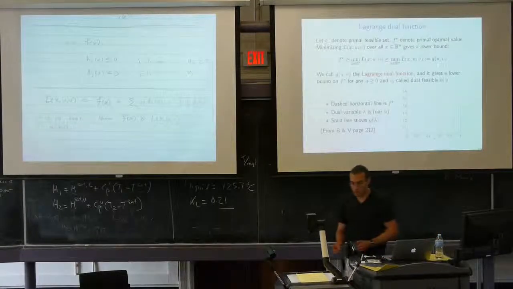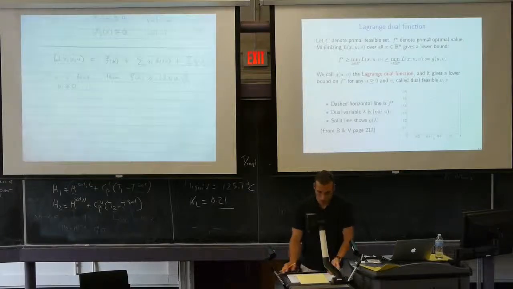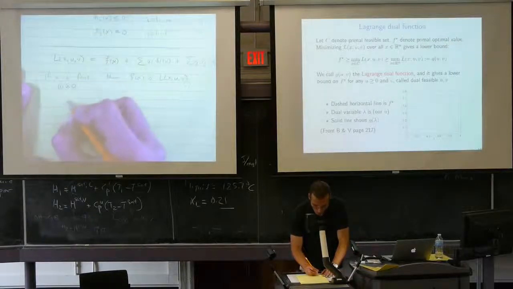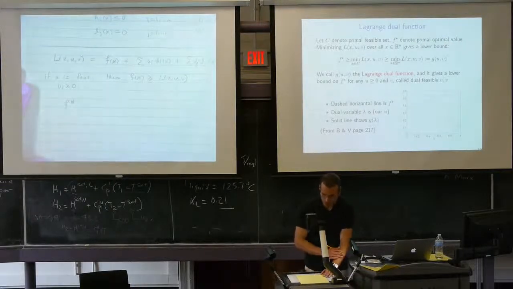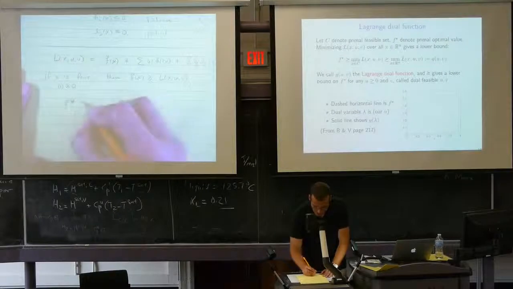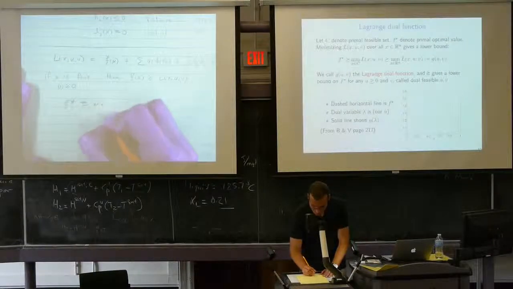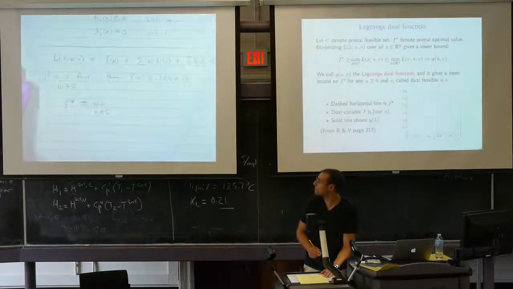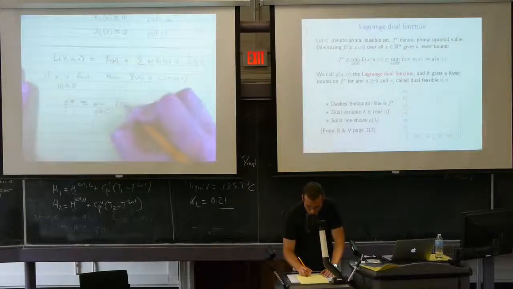So what do we do after this? Well, we form what's called the Lagrange dual function. And remember, we had this sequence of arguments that said that the optimal value of the primal problem, which we'll call f star, is equal to the minimum over x in, we'll call the feasible set C again, of f of x.